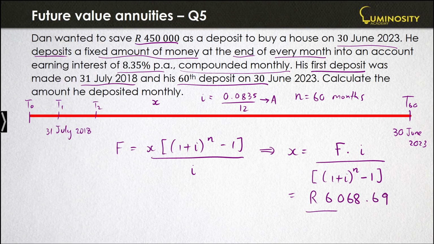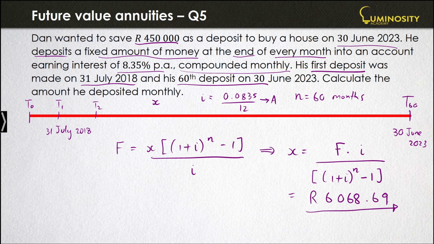Okay, so Dan will need to deposit 6,068 Rand and 69 cents into this bank account every month for 60 months consecutively. And this will enable Dan to have the necessary 450,000 Rand saved up for the future.